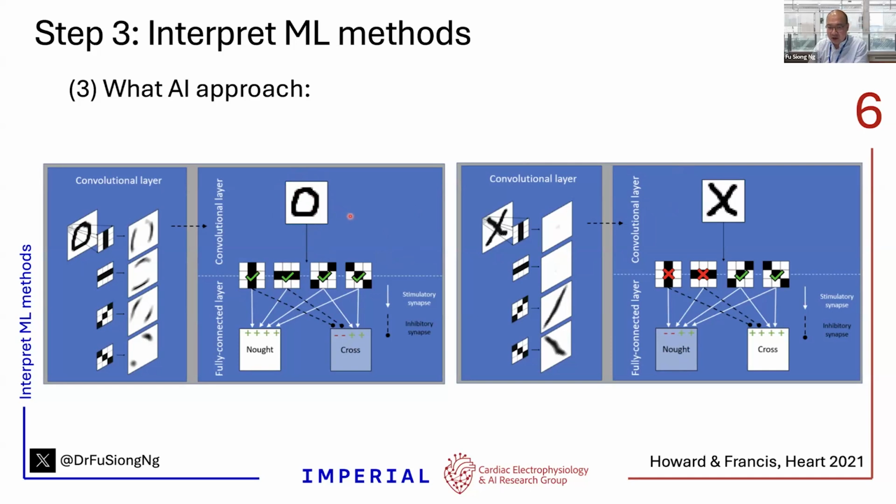And it will learn on its own, without the human teaching it, that if it sees only diagonal lines with no horizontal and vertical lines, it must be a cross, because it's only seen these features in the cross. And if it sees horizontal, vertical, and diagonal lines, it will say it's a circle. And very quickly, your model will be able to distinguish a circle from a cross without the human needing to do anything.